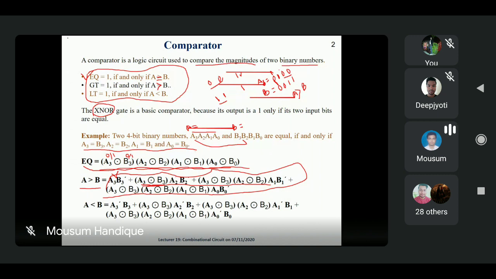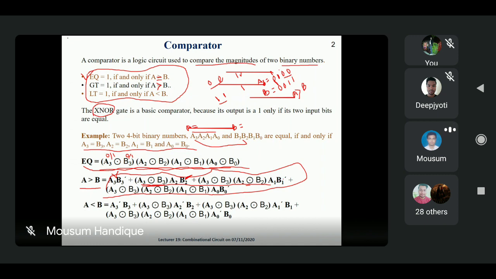So here I am writing A2 with B2 dash. B2 complement means it is 0 and this one is A2. And if this particular condition is not satisfied, then obviously A2 equal to B2. That means A3 equal to B3 and A2 equal to B2.